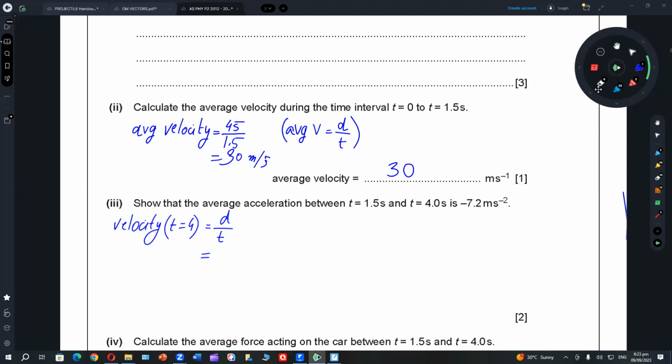Now we have to be very careful about how I should find the velocity. I got this number 98.